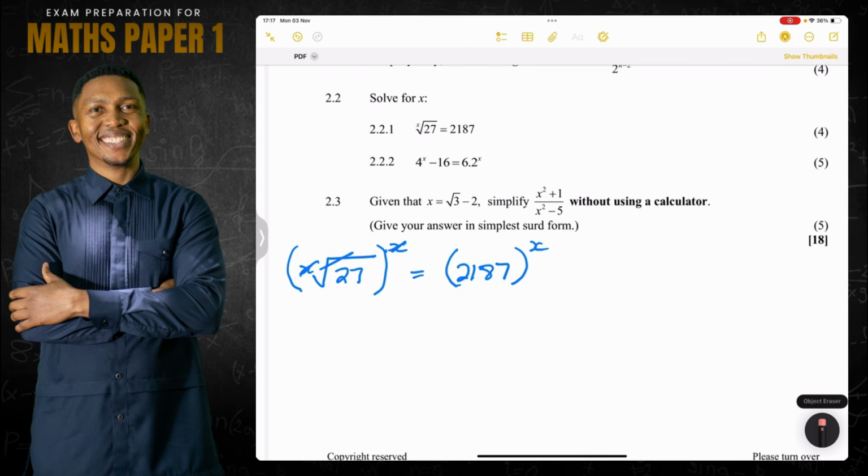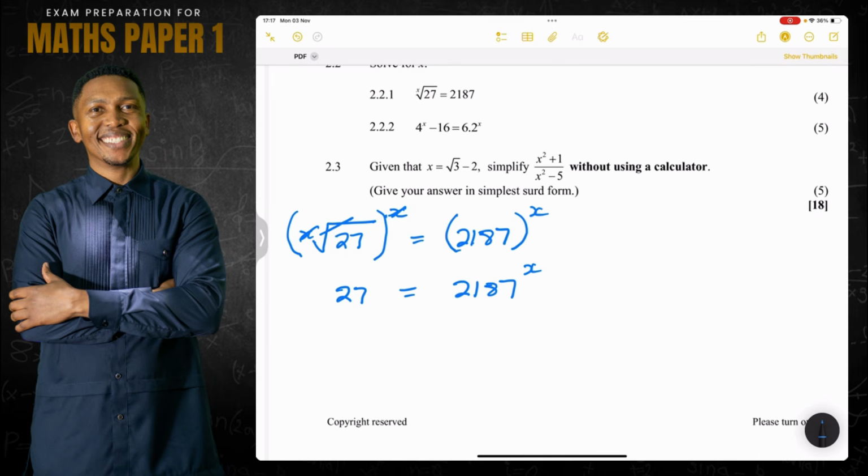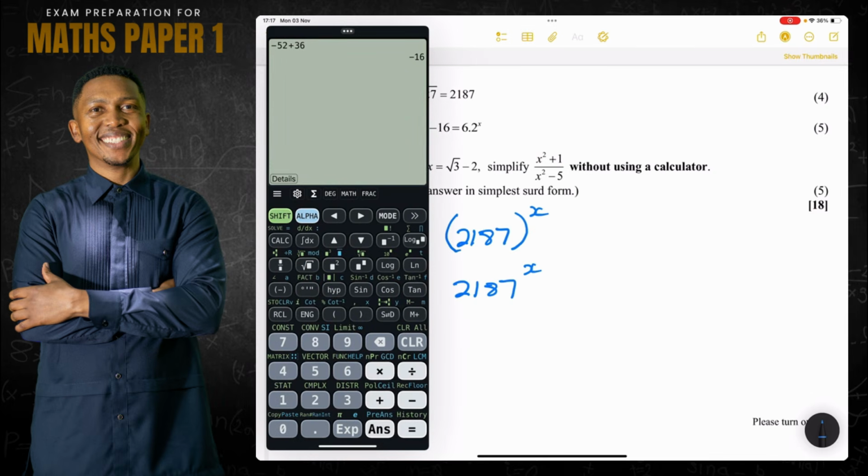So that would be 27 is equal to 2187 raised to the exponent of x. So let's do this. I know 27 is 3 to the power of 3. Now 2187.